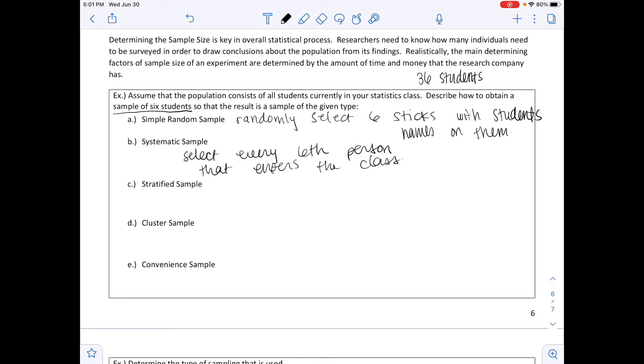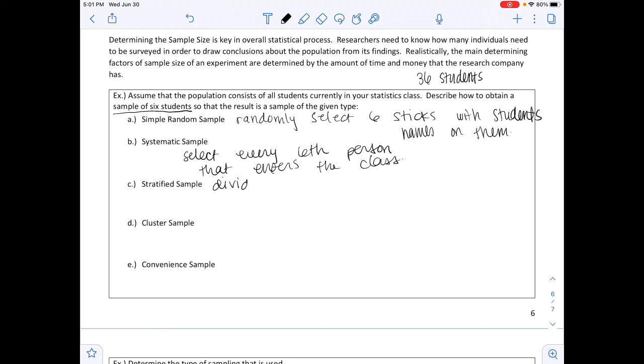The next one that we have is stratified samples. And a stratified sample says we have to divide these into groups, and those groups have to be homogeneous in some way. So we can divide them into 2 groups or 3 groups or 4 groups, and we can do this based upon political affiliation.